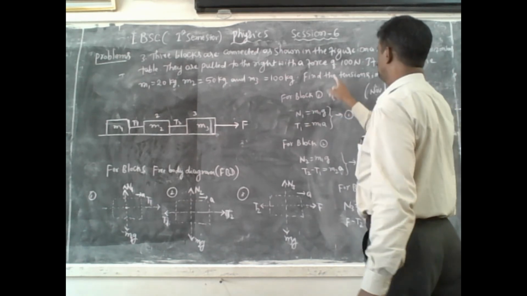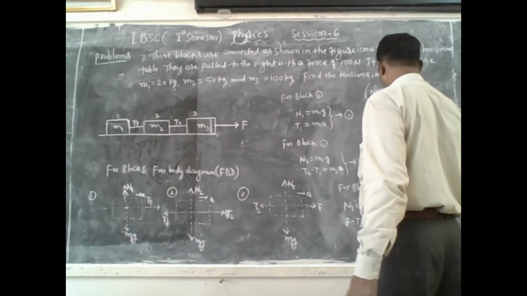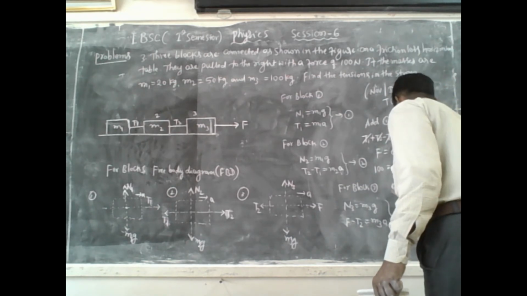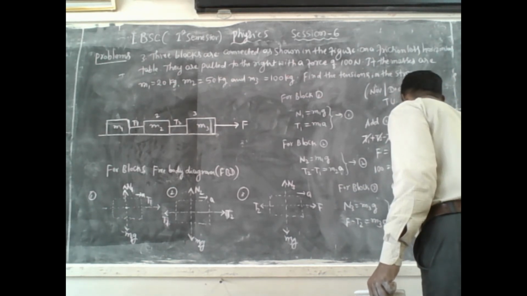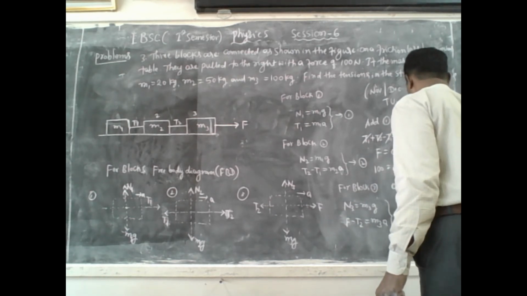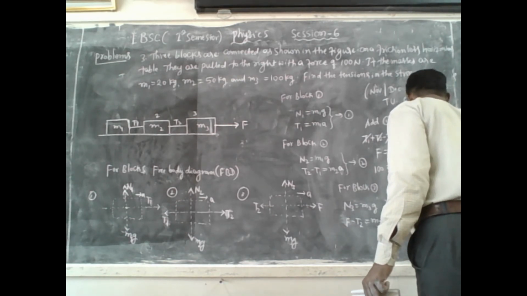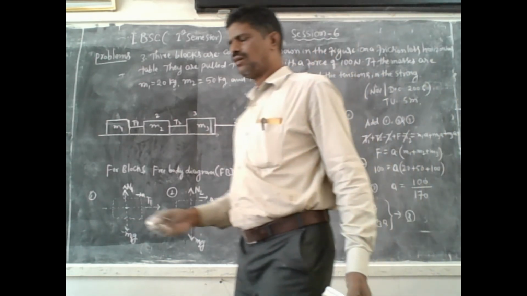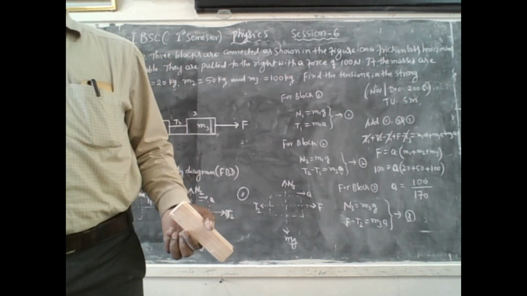F is equal to 100 Newton. Therefore A equals 100 divided by 100 plus 50 plus 20, that is 170, isn't it? So what is the value of acceleration?